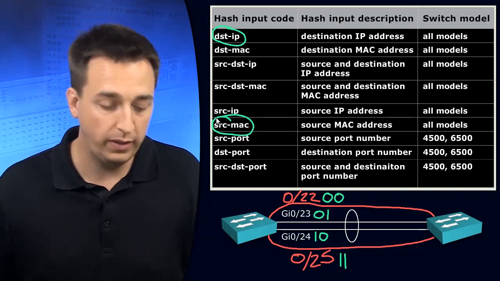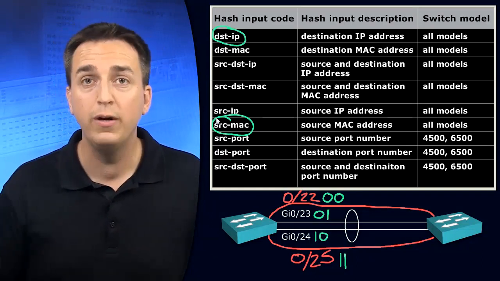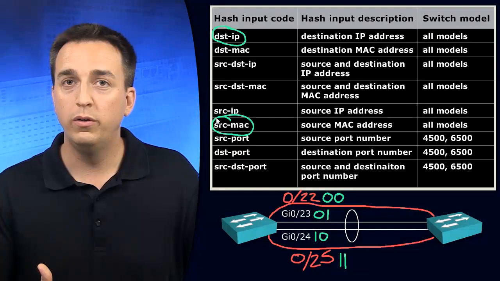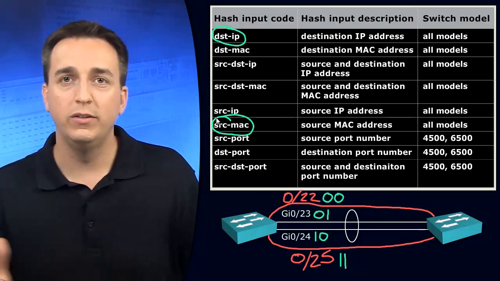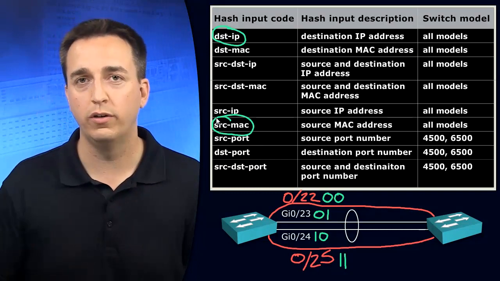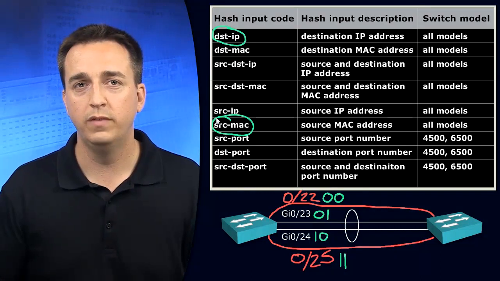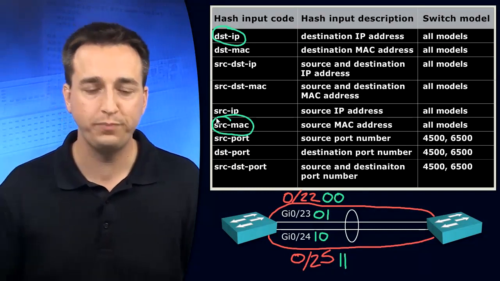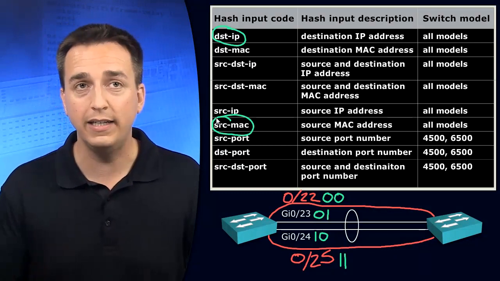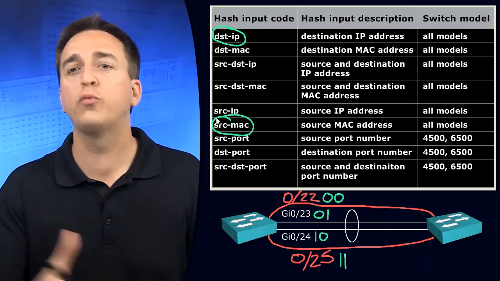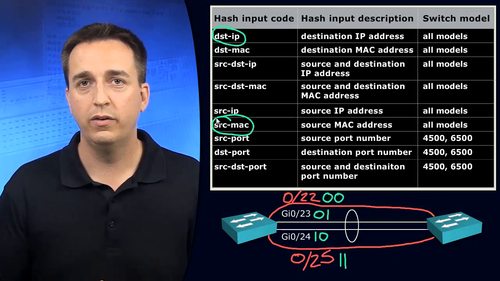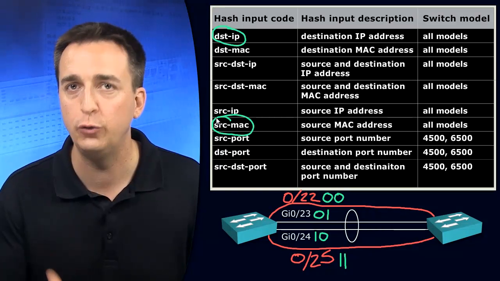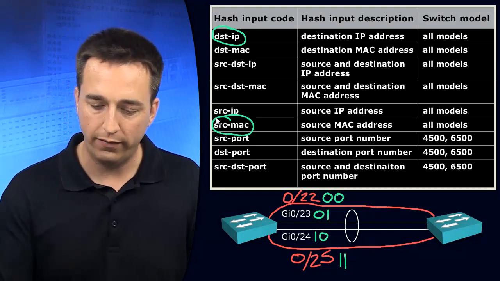So your index numbers would be, for example, 0 0 0, 0 0 1, 0 1 0, 1 0 0, and so on and so forth, eventually ending up at 1 1 1. And then in that case, you'd be analyzing the final 3 binary digits when determining which link to utilize to forward the traffic.